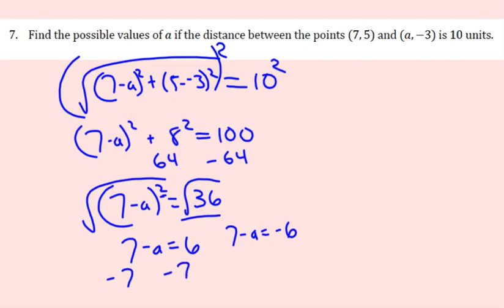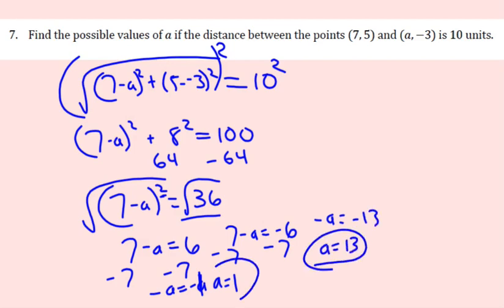So then I subtract 7, negative a equals negative 1. So a could equal 1. Or negative a equals negative 13, so a equals 13. That's a tough problem. A couple different ways you could have done that. I could have also gotten to here, move 36 over, and gone from there.